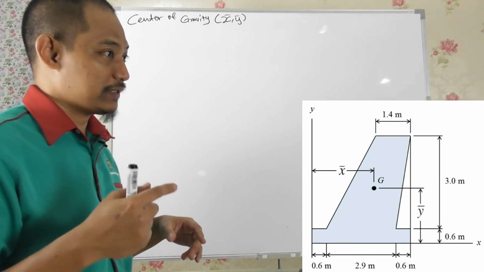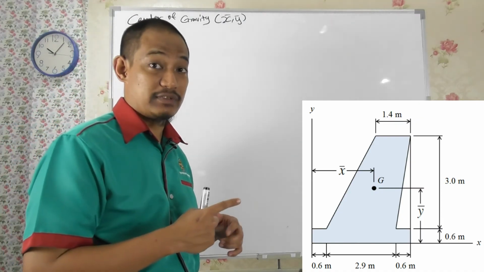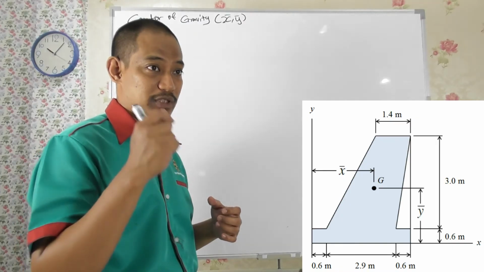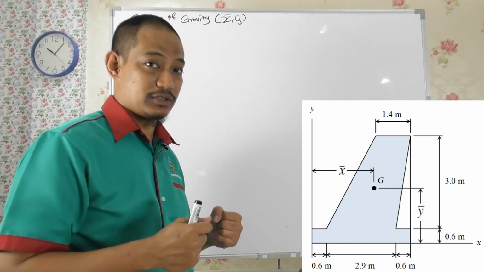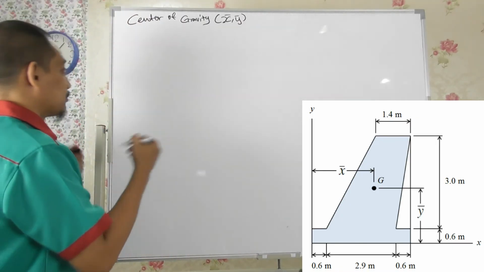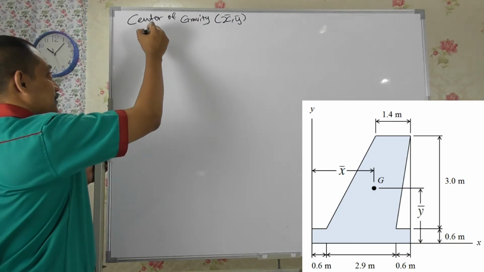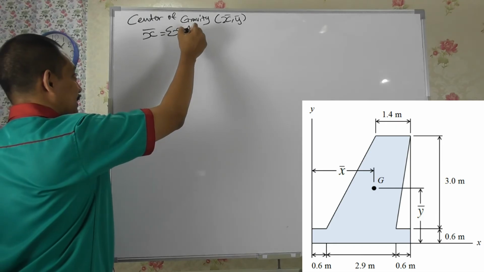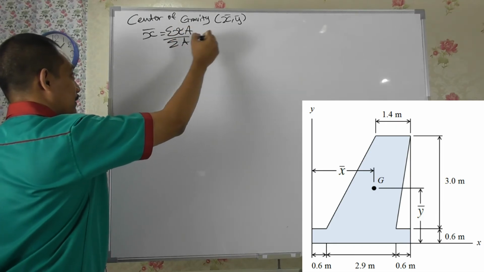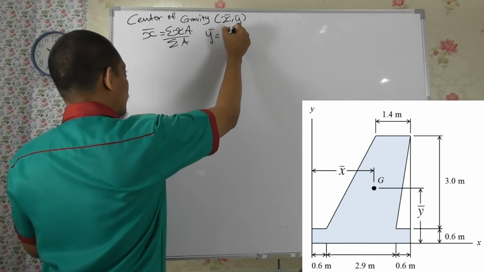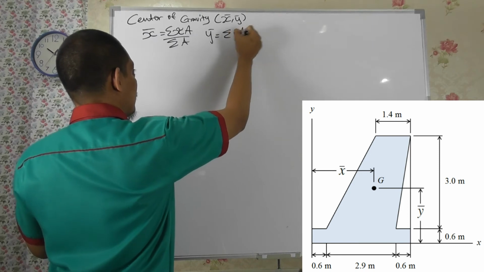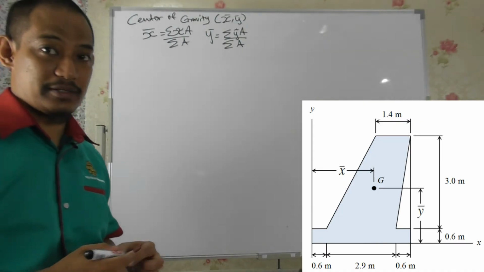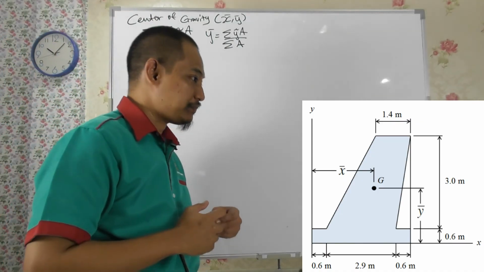Hence, the location of center of gravity, center of mass, or centroid should be the same. The location of centroid is the location of center of gravity. So we'll just use the equation for centroid, which is x bar equal to summation of x tilde times A over summation of A, and y bar is summation of y tilde times A over summation of A, right? So we just consider the area, right? Okay.